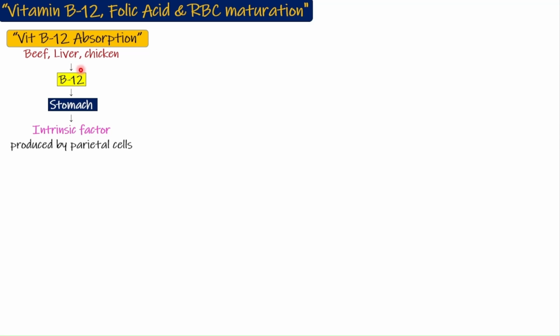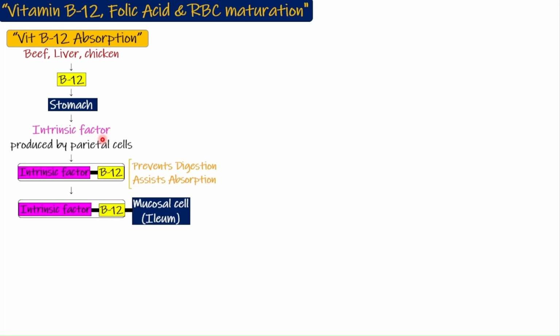stomach. So whenever we eat beef, liver, or chicken, the vitamin B12 goes into our stomach, and on its entry, the parietal cells of the stomach release intrinsic factor. Now this intrinsic factor basically has two functions.